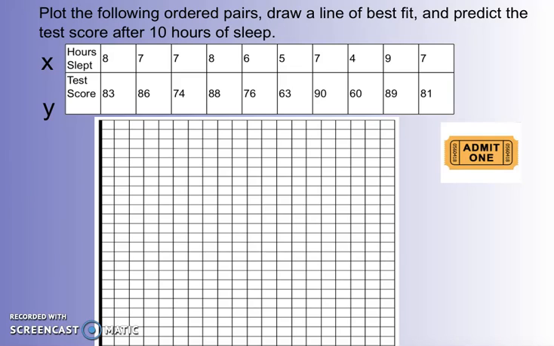After you plot those points, I want you to draw a line of best fit. Then come up with the equation for that line of best fit. And I want you to determine what your test score would be after 10 hours of sleep. Okay? And remember, this is approximate, but your line of best fit and your equation should back up your approximation.